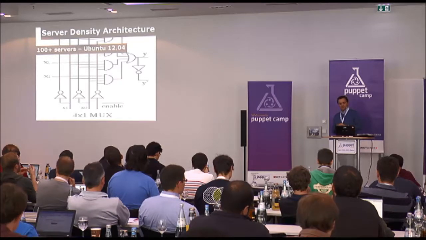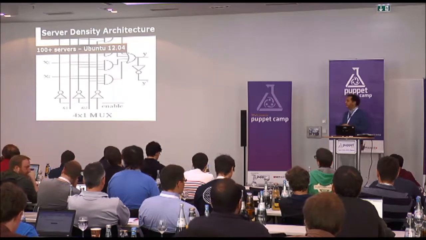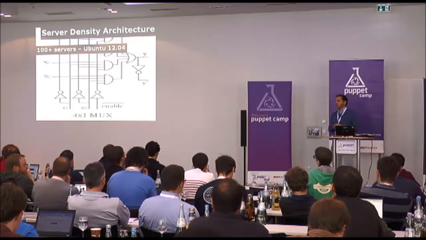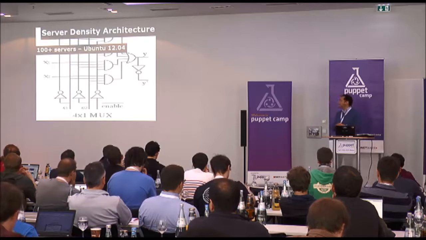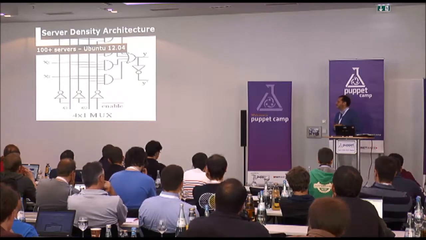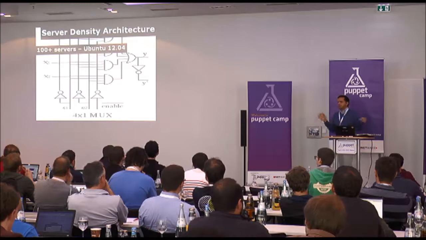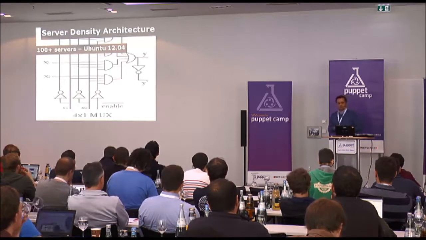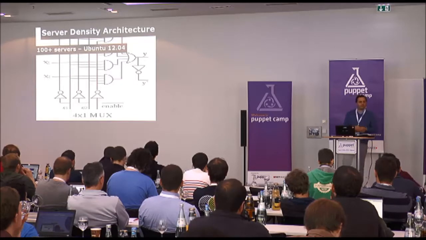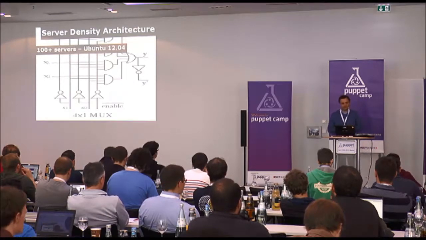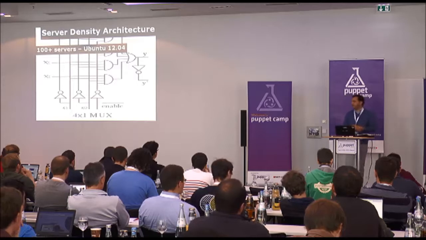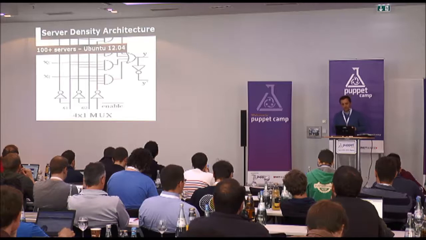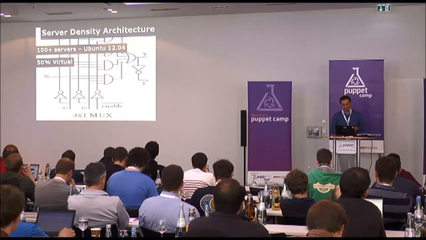We run more than 100 servers, all of them with their own Puppet agent, some on public cloud like Amazon, basically to get multiple locations around the world. But the core of our infrastructure is with a data center provider called SoftLayer in Washington, and our secondary data center is in San Jose in California. That's why we have so many servers, and that's why it's important to keep them all in sync.